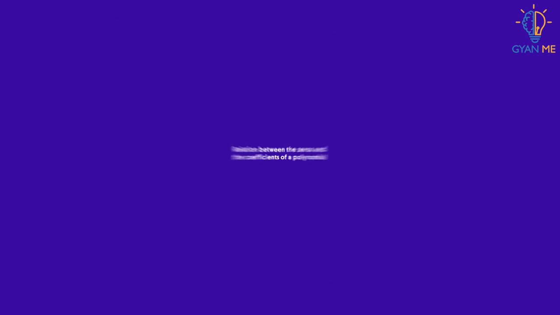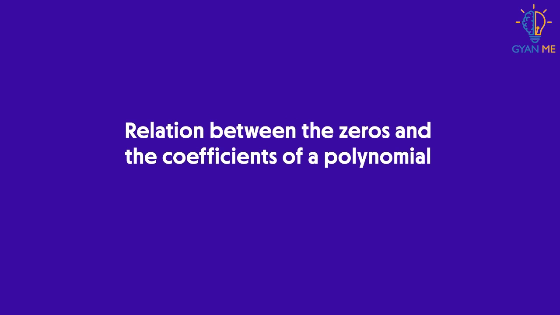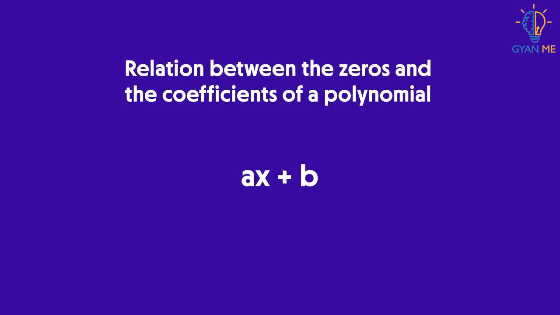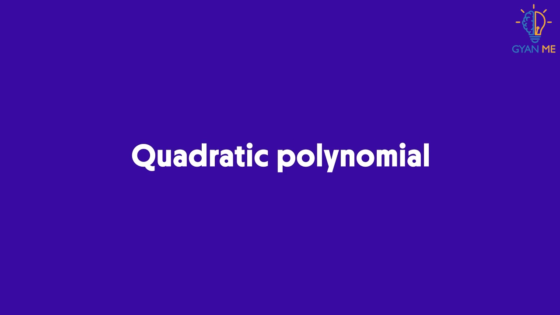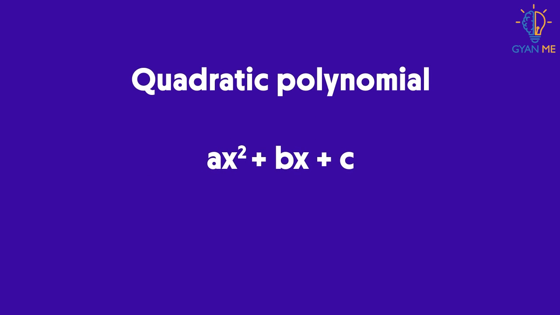We saw the relation between the zeros and the coefficients of polynomial, which is for linear polynomial of the form ax plus b, where x is a variable, then the zero of polynomial alpha is equal to minus b upon a, which is equal to minus constant term upon coefficient of x. For quadratic polynomial of the form ax square plus bx plus c has 2 zeros, let us say alpha and beta.